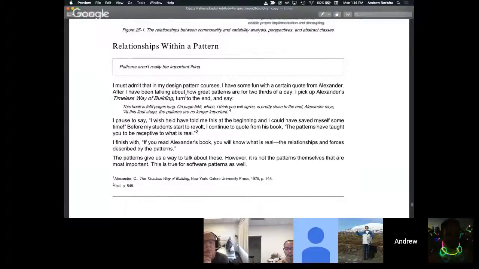It's funny when he says that patterns aren't really the important thing. The whole book's about patterns, and then at the end it's like, well, no, it's not. But in a sense, it's picking up on that overall idea of what you're trying to achieve with patterns. Patterns practically are like a language that I can now use with Forrest and say, hey, Forrest, what do you think of this factory that I want to implement?